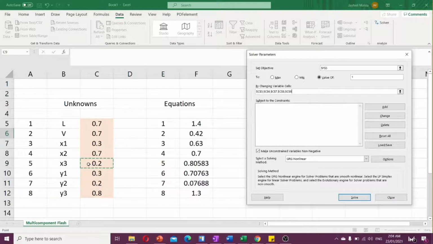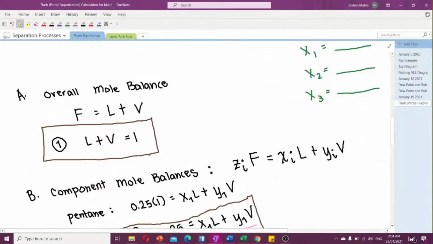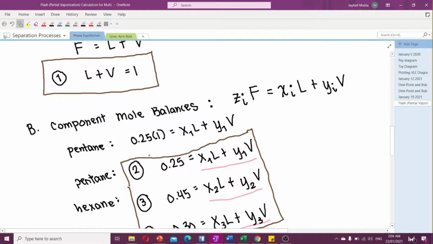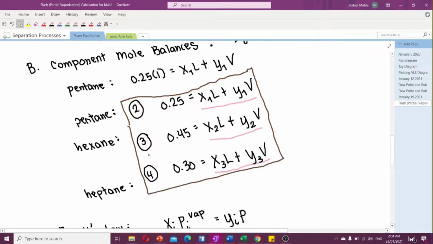So what are my constraints? For this problem, I need to recall the meanings of the equations here. That's a problem if you don't write them down. Our goal is to make sure that we hit the following constraints, because these are the stated values over here.